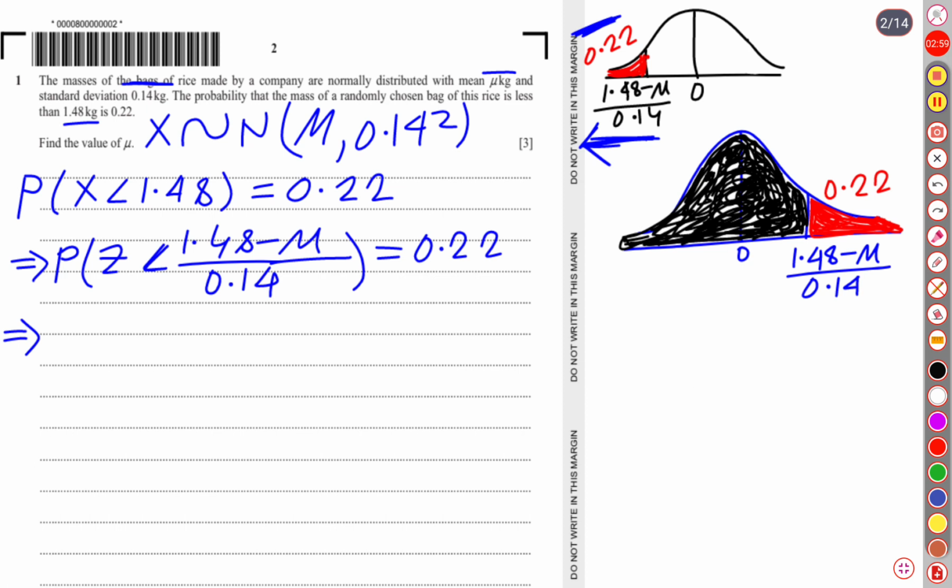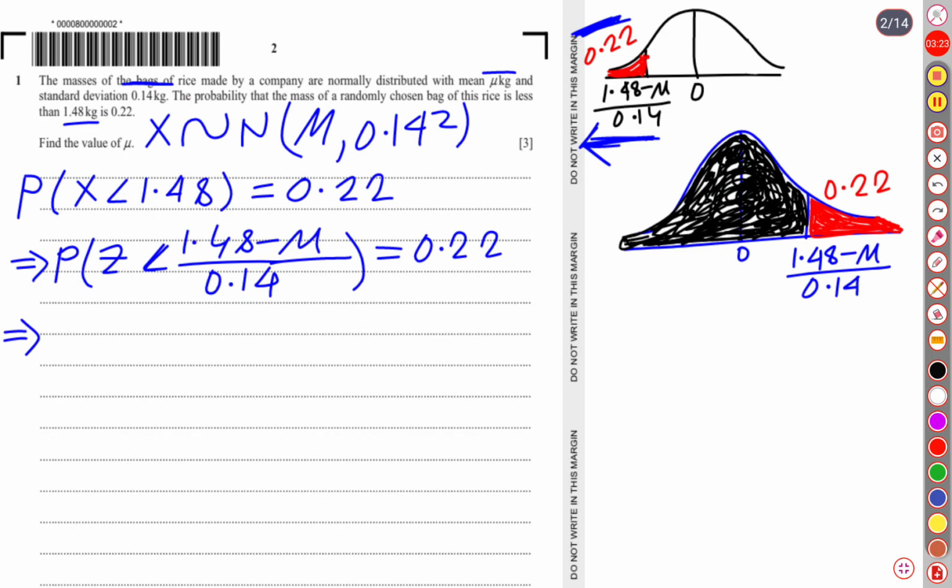For this one, how can we find it? Look at the second diagram of the figure. You can see that this red portion of the first figure is exactly the same as the red shaded part of the second diagram, because we know that the normal distribution graph is always symmetrical.